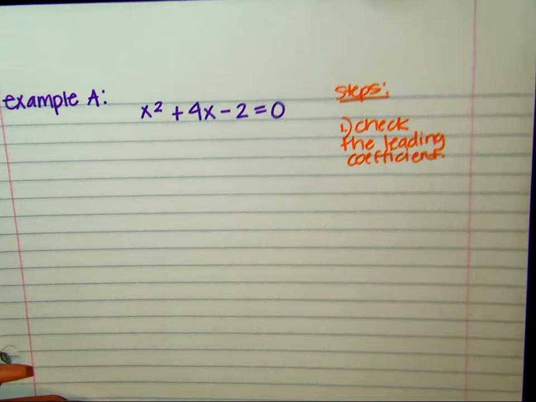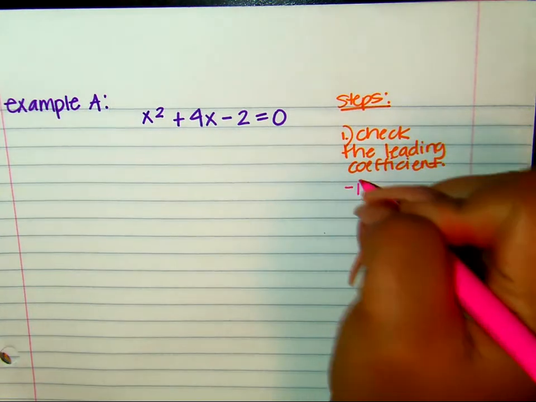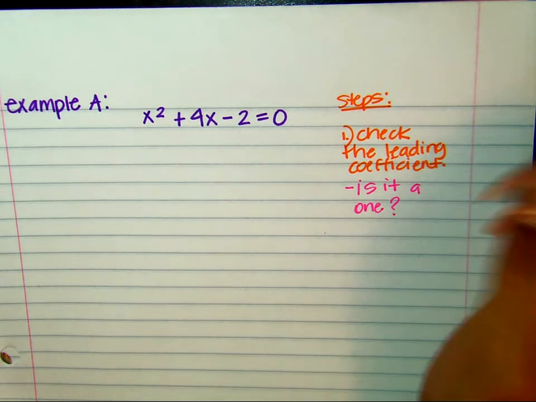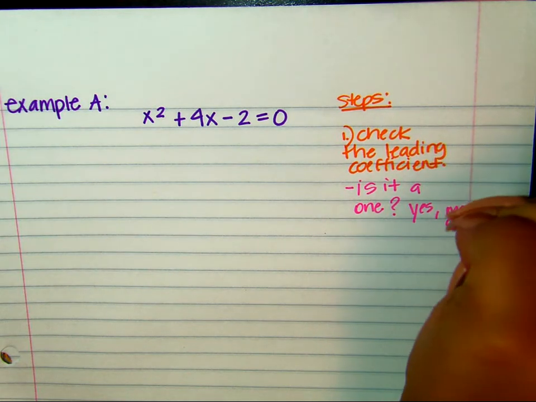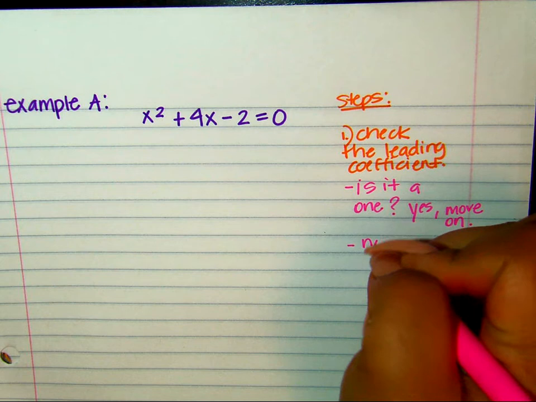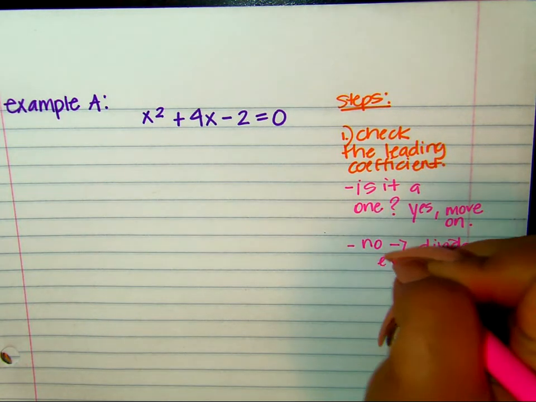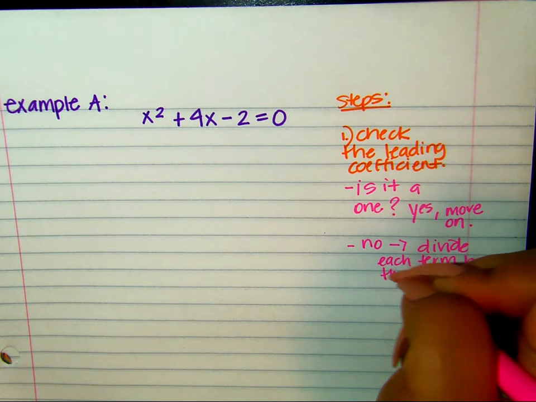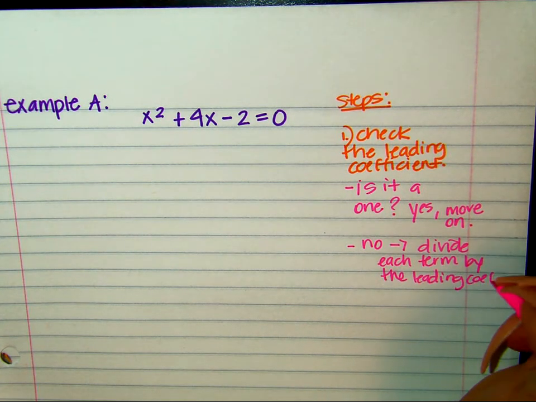Okay? When we check it, we have to decide a few things. Is it a 1? If the answer is yes, we're going to move on to the other steps. If the answer is no, we are going to then divide each term by the leading coefficient. Okay? All of these are going to be a 1, so don't fret.